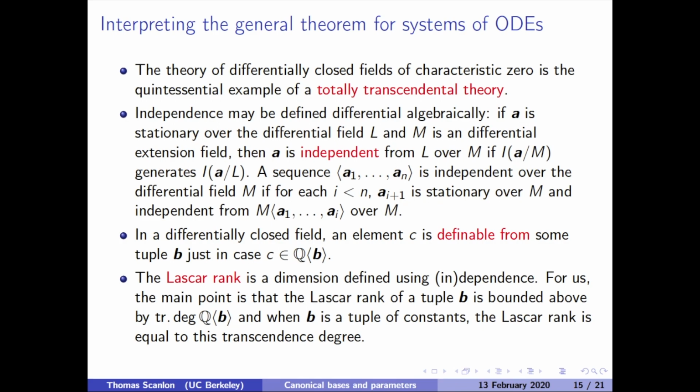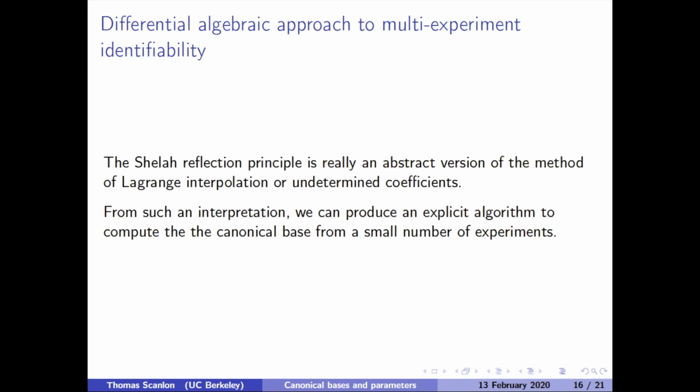So what that theorem says is that it's always possible to compute the canonical parameters of a system from S plus 1 independent experiments, where S is the transcendence degree of your sequence of constants. So if you have mu1 up through mu s, you can compute those by doing S plus 1 experiments. All right, so this does have an algebraic counterpart, which can be implemented.